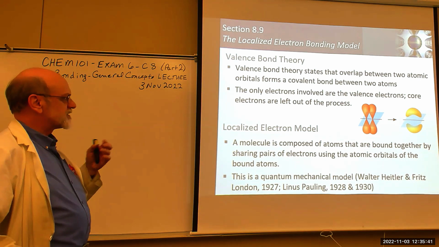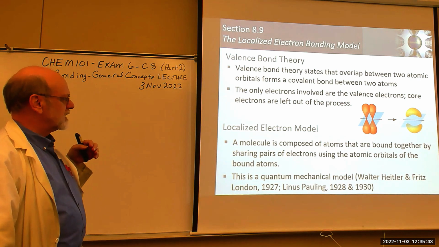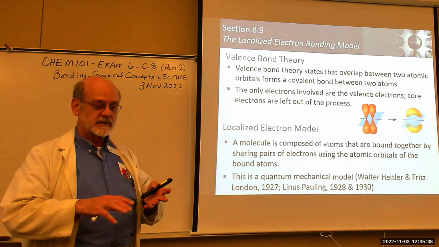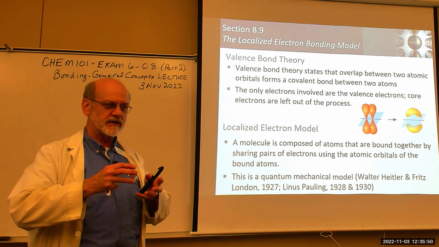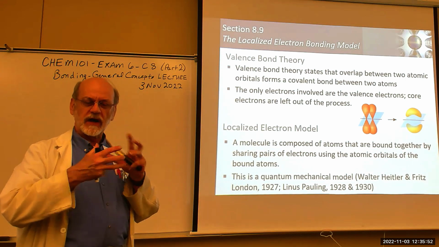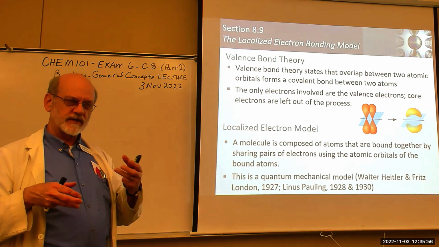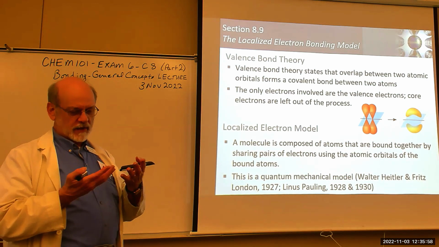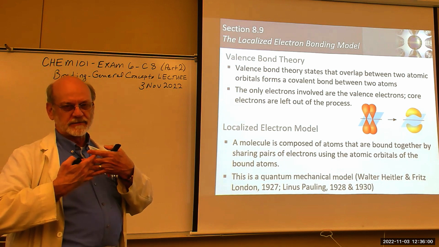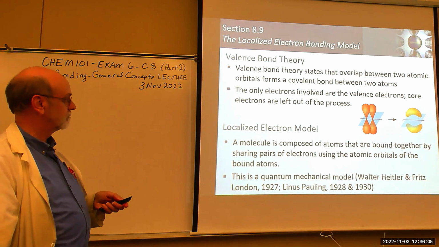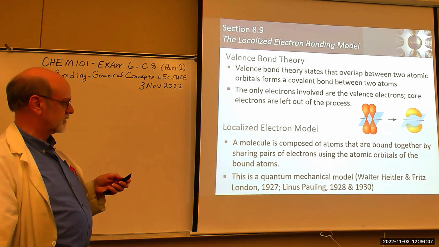So what this says is that the valence electrons have these orbitals, these high probability areas, actually volumes, around the atom where they might be found. And the bonding, according to this theory, occurs when those orbitals overlap. And these are examples.